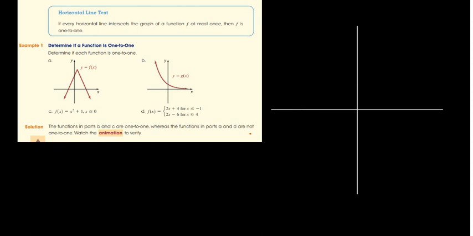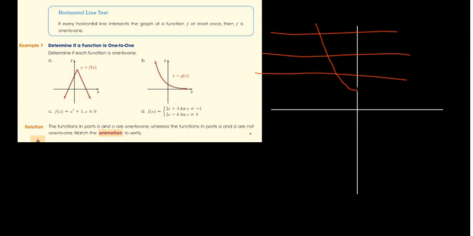But anyways, we know that this is a parabola, and it looks something like this. It's a parabola shifted up 1 unit, and again, the only values that exist are for values that are less than or equal to 0. So what we would do is erase that, and then we can tell it is indeed a one-to-one function. Okay, so C is a one-to-one function.